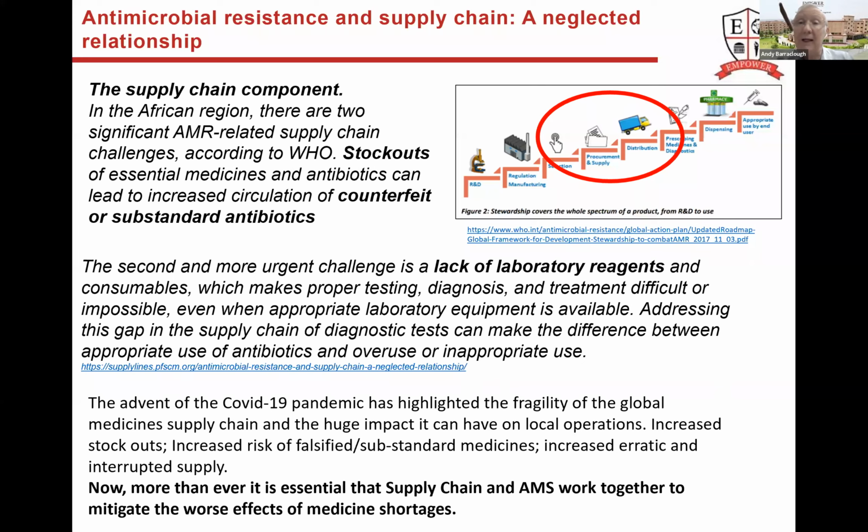I'll give him antimalarials, but it might not be malaria. Without the diagnostic kits, I can't be sure. I might be giving the wrong medicine. So it's not just the medicines, it's all the health commodities. If I'm out of stock, if I have poor quality medicines, I am driving irrational use and antimicrobial resistance.